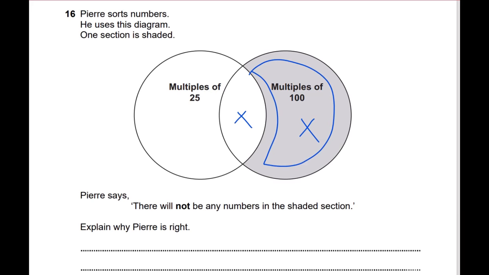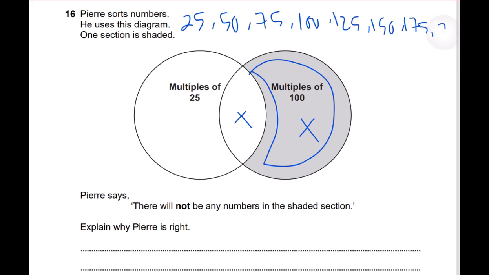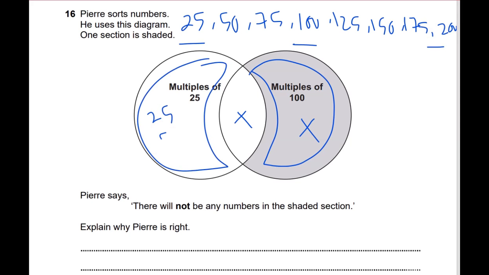Multiples of 25 are 25, 50, 75, 100, 125, 150, 175, 200, and so on. So a multiple of 100 is also always a multiple of 25. So everything will be put in here, like the 25, 50, 75, and 100. Multiples of 100 will be put in the middle, 100, 200.